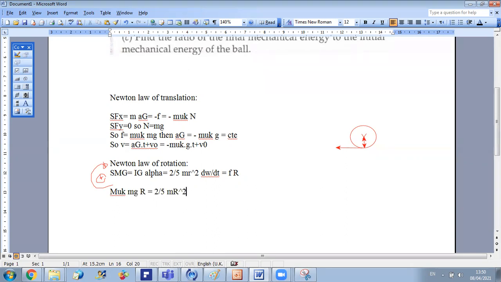2 over 5 mr square times d omega by dt. Okay.